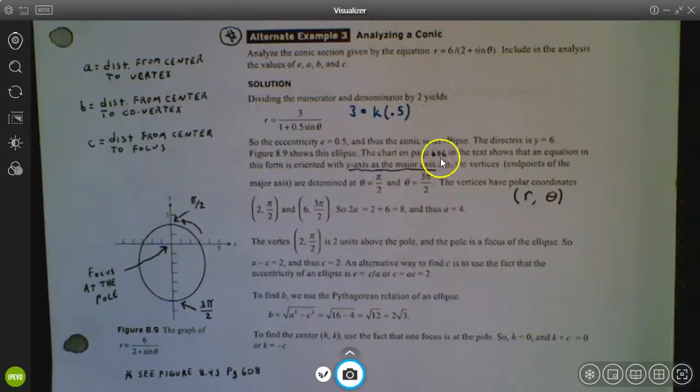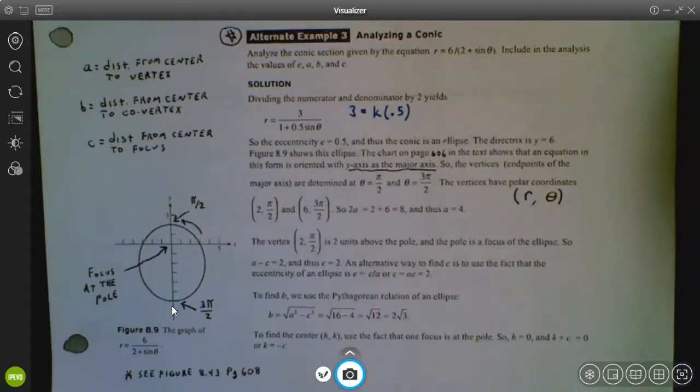If you peek at page 606, which is what we've already been looking at, we've seen the equations for these. Let's peek at this information right here. We just determined that because this was a sine function and it's an ellipse, the major axis, the focal axis, is vertical.